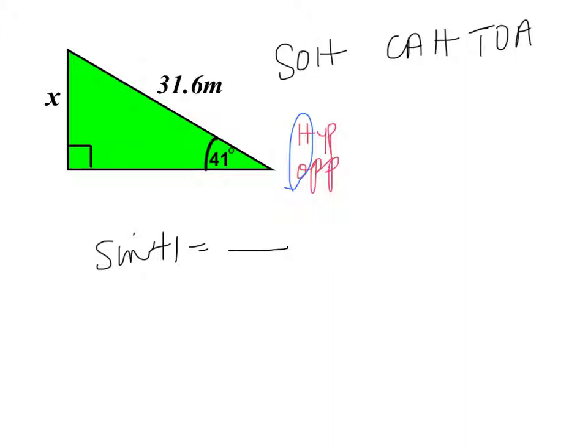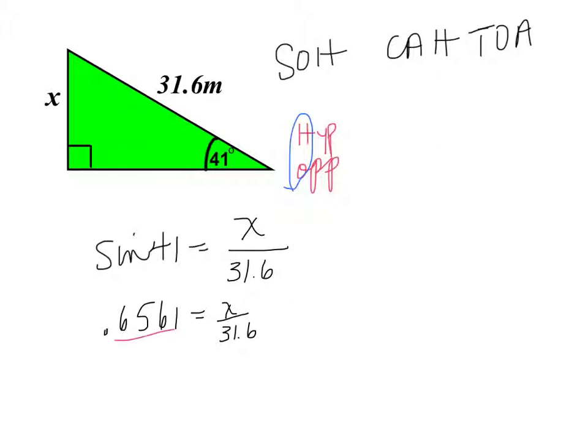Opposite is x, hypotenuse is 31.6. Again, let's find the sine of 41. The sine of 41 is 0.6561, equal to x over 31.6.